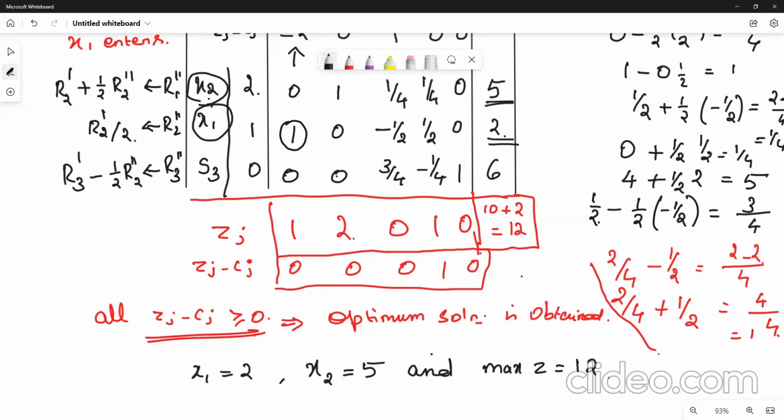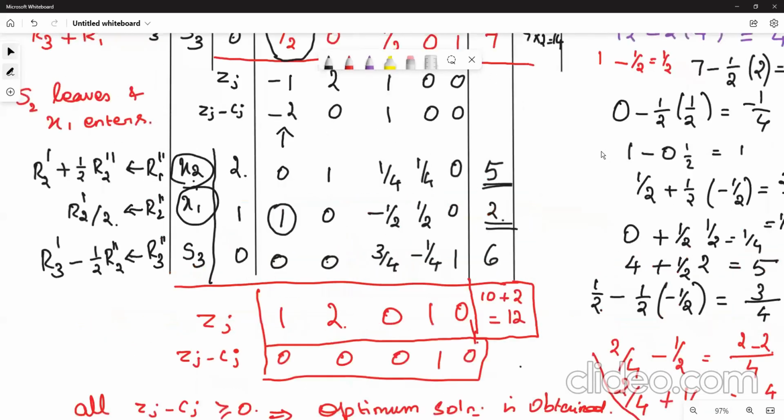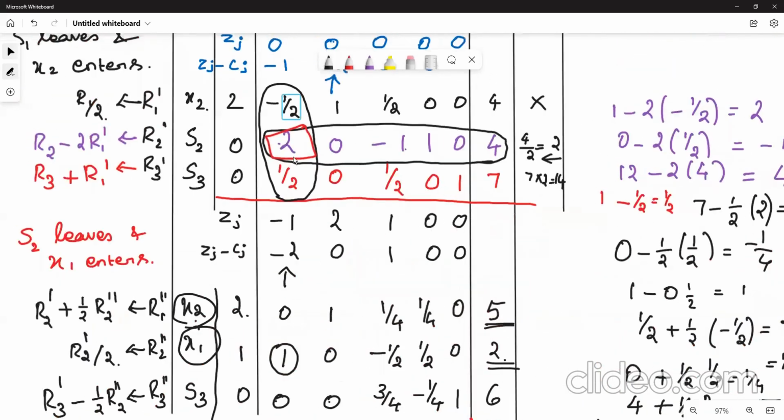Here there are two cases where you will conclude there is no optimum solution. One case is when you find the ratio column and all the entries present in the leading column are negative. In that case, we will conclude that there is no optimum solution.